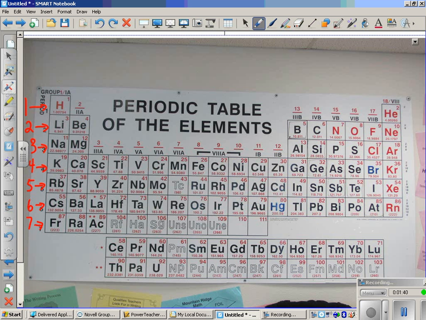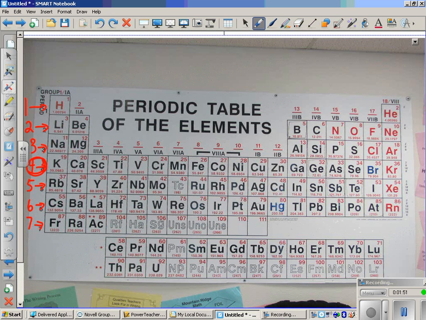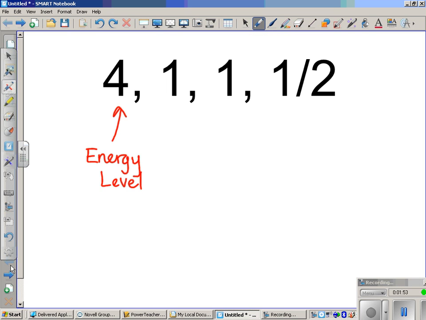Okay, so for the example we're doing, the first number is a 4. So that's telling us that our element that we're talking about has valence electrons somewhere on that fourth energy level. Okay, so let's go back to the problem. So for ours, we're on the fourth energy level. So if it was a 2, that would mean its valence electrons were second energy level. If it was a 1, valence electrons first energy level.